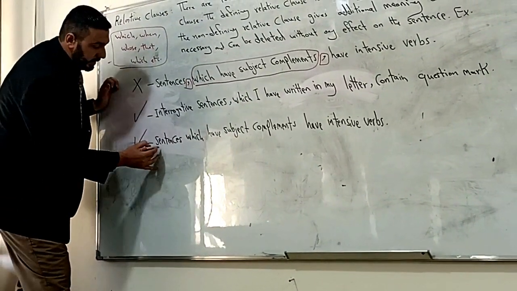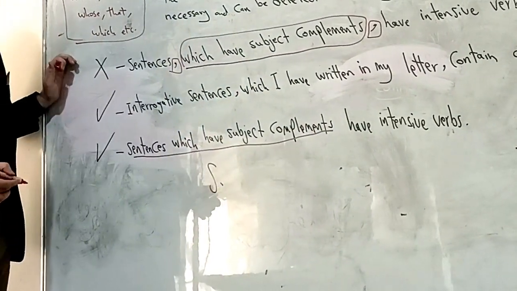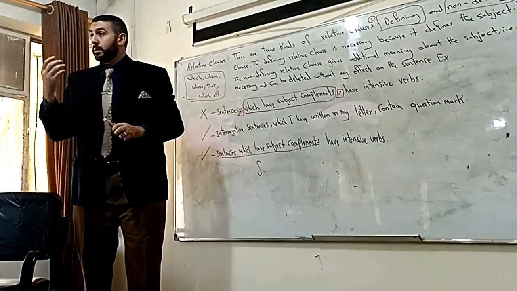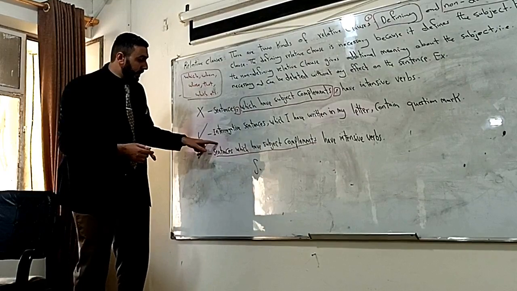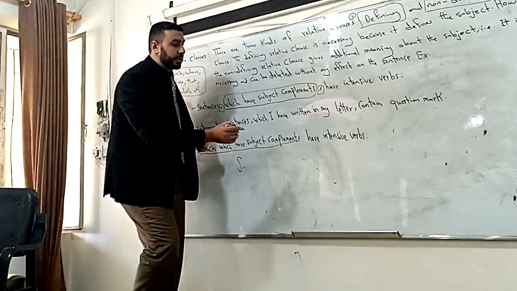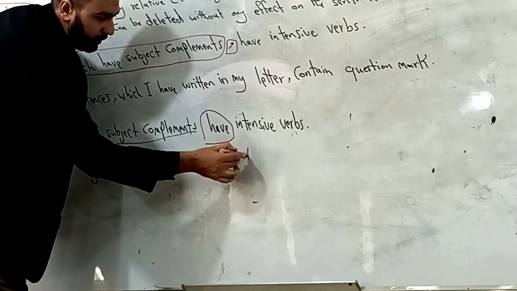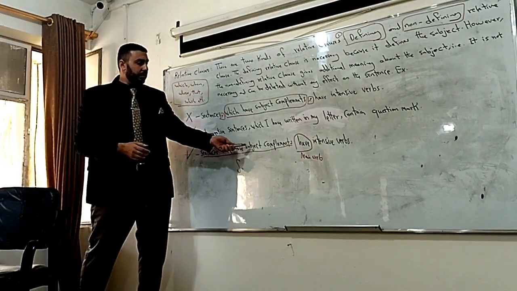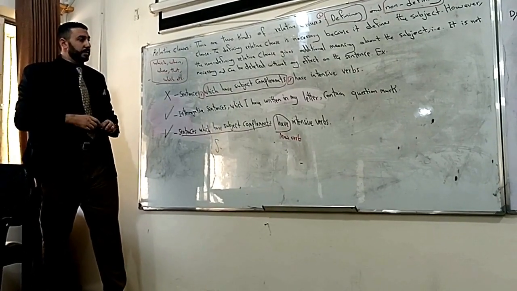So here, sentences which have subject complements, till this point, this is all the subject. And I told you that in the elements of sentences, a subject or an object or an adverbial can have all of these internal constituents. And here have is the main verb. Sentences which have subject complements have intensive verbs. Okay? This is the complement.